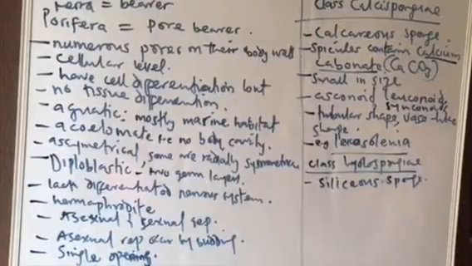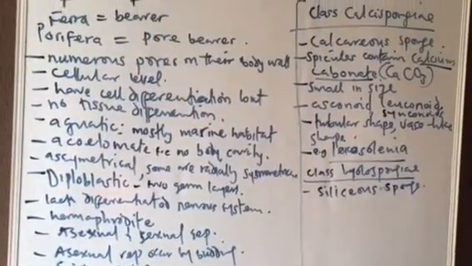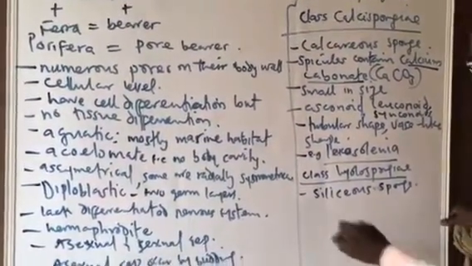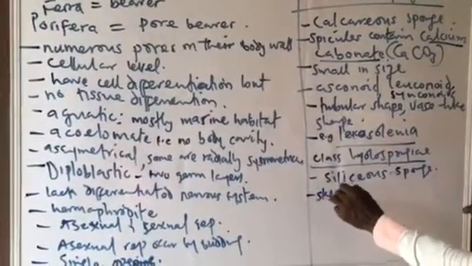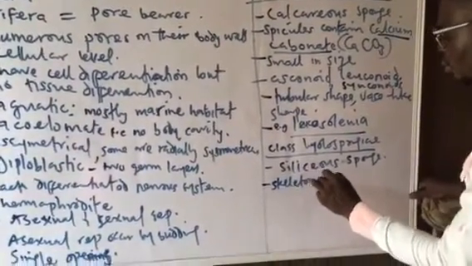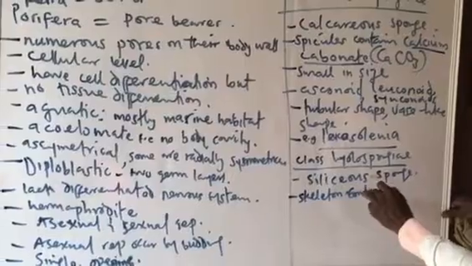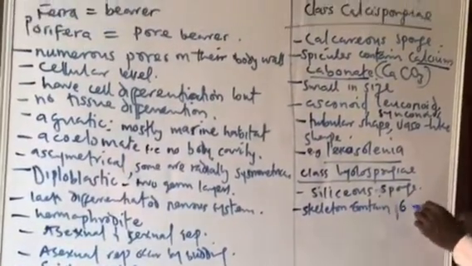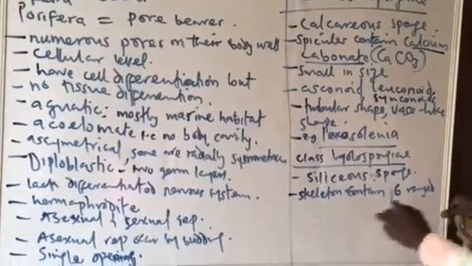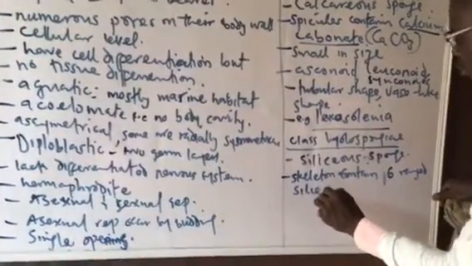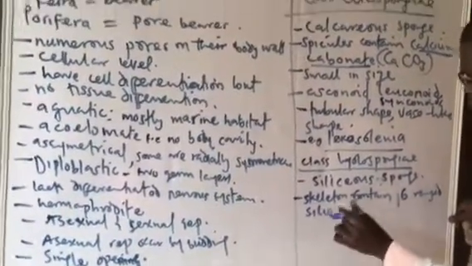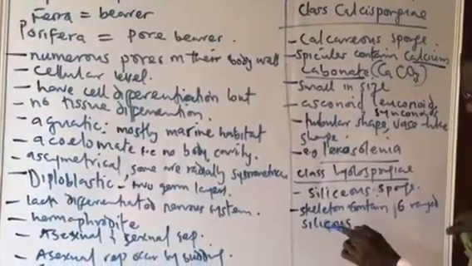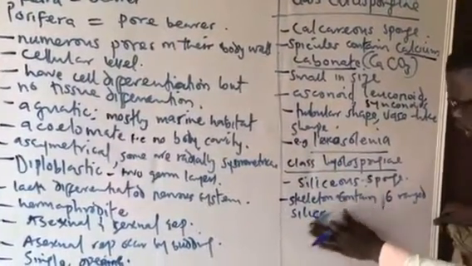Because their skeletal material is made up of 1 to 6 ray siliceous material. The skeletal material, or the spicules, contain 1 or 6 rays. So they are made up of siliceous material, silicon.